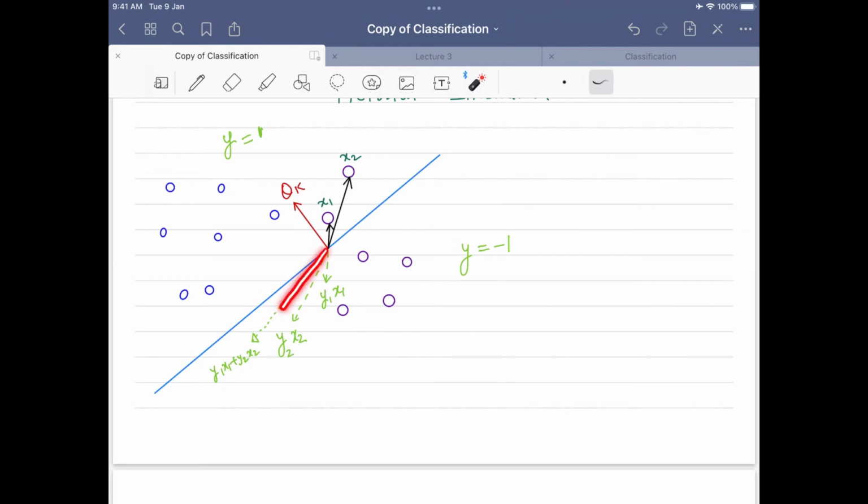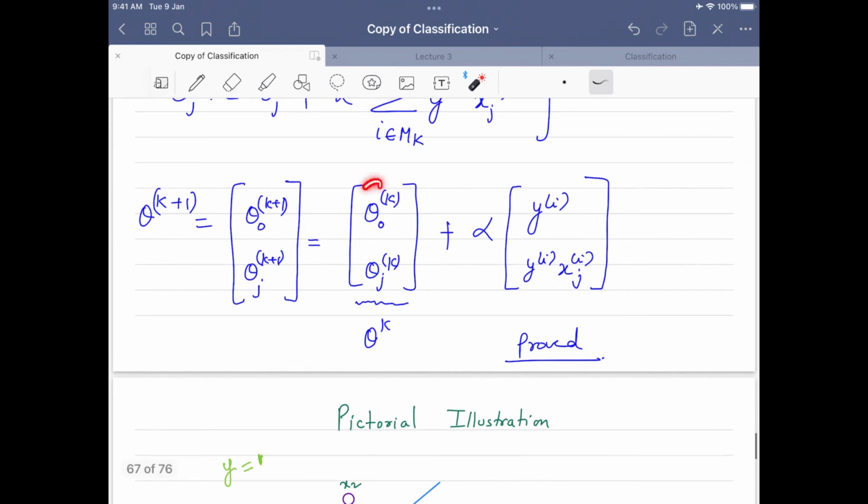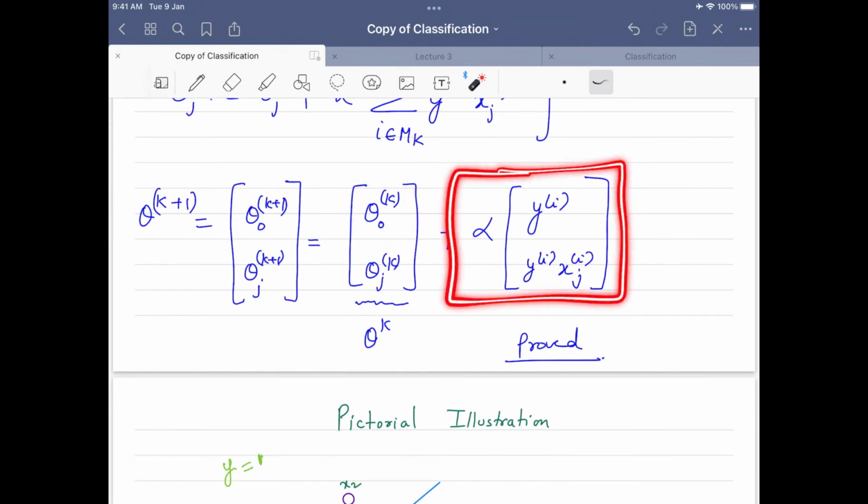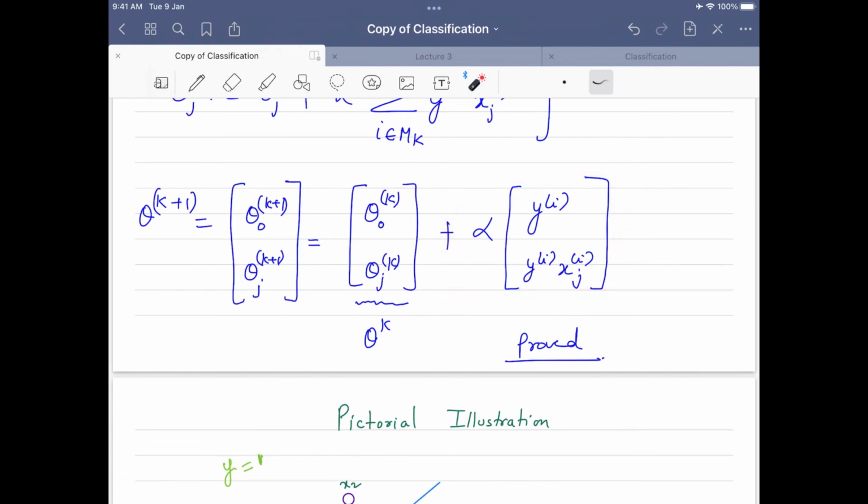The new vector along with the old theta k will give you a new vector, theta k plus 1. Why is it like that? Because this is the old vector theta k, and this is the new vector coming up because of the misclassified points. You are adding these two by the weightage alpha, so you are multiplying with alpha.